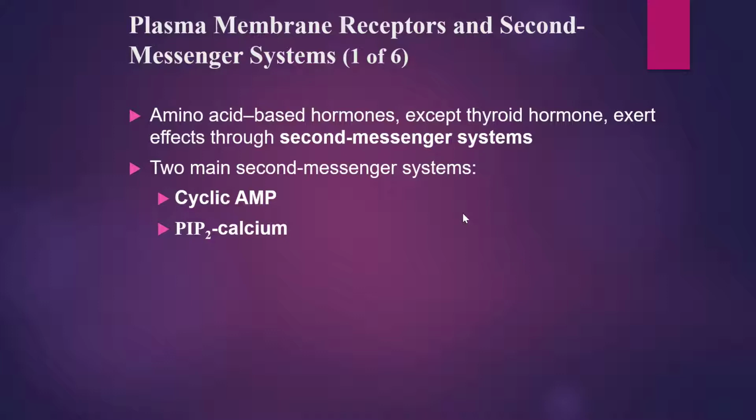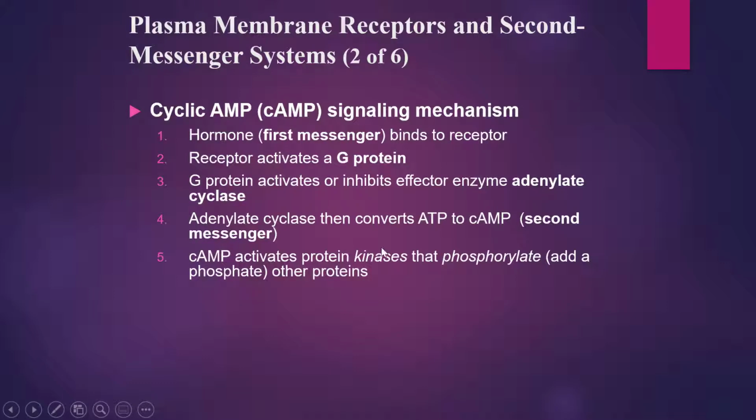These are specifically for amino acid-based hormones, except the thyroid hormone. The two messenger systems we are talking about here are your cyclic adenosine monophosphate system and the PIP2 calcium system. Let's take a look first at the cyclic adenosine monophosphate signaling mechanism.